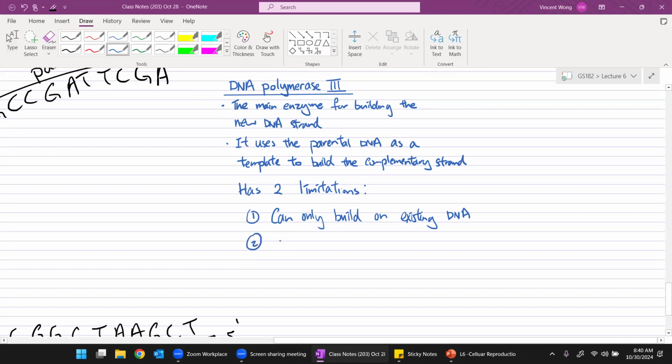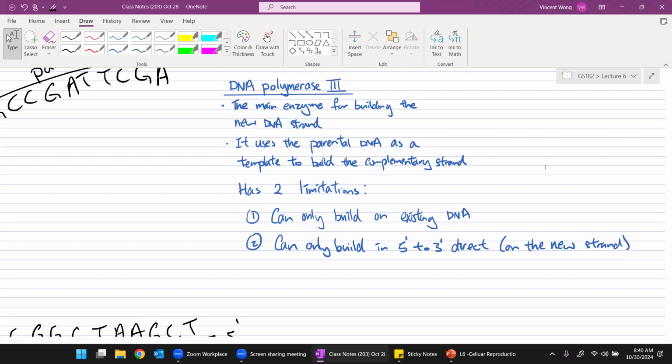All right. Problem number 2. Can only build in 5' to 3' direction. Okay. And to be clear, I'm talking about on the new strand. Okay, remember, DNA has directionality to it, right? One strand is 5 to 3, the other is 3 to 5.